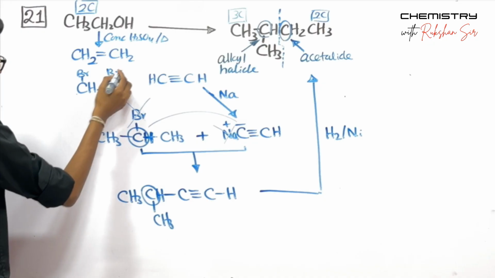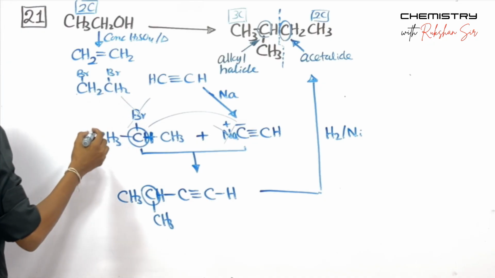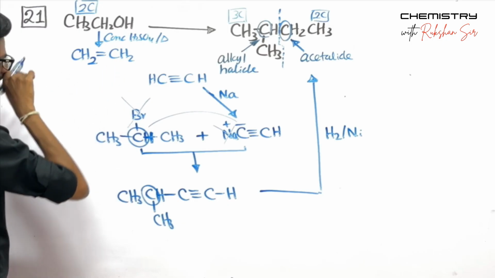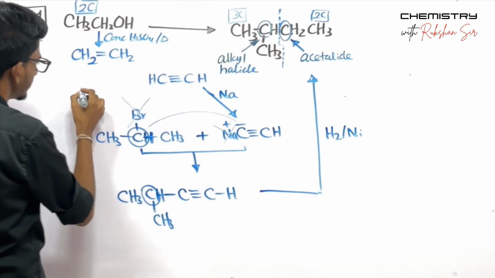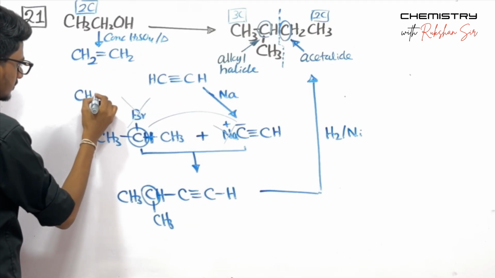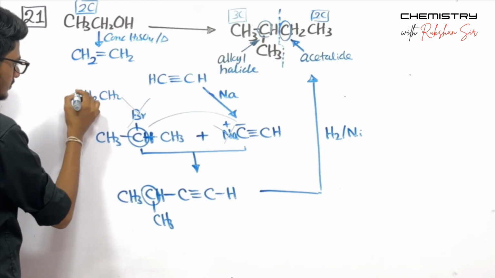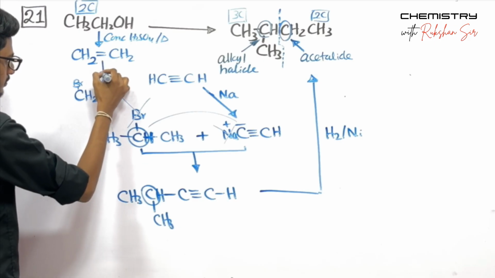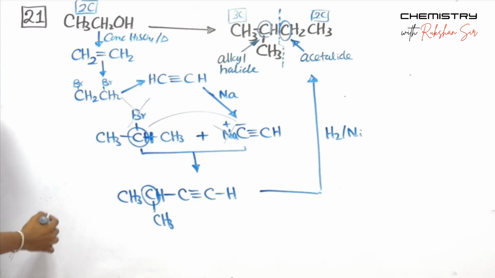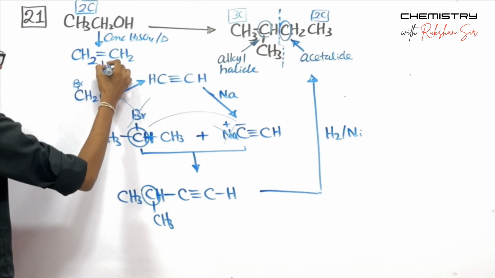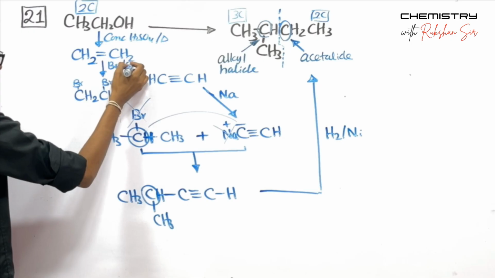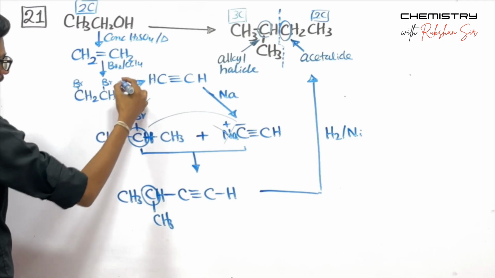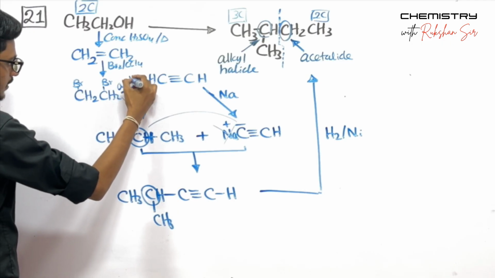Just get rid of 2 HBr molecules, right? This just gets rid of 2 HBr molecules, right? Alcoholic KOH.